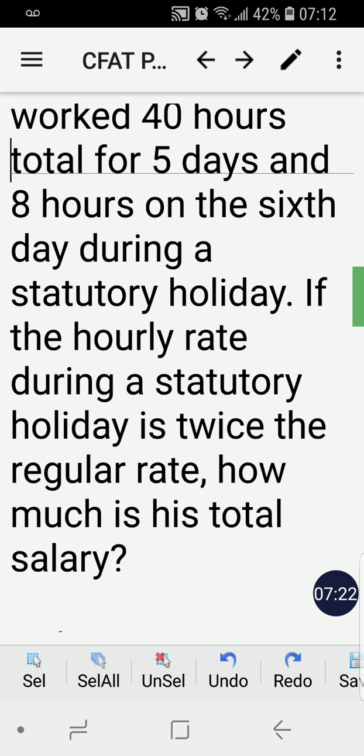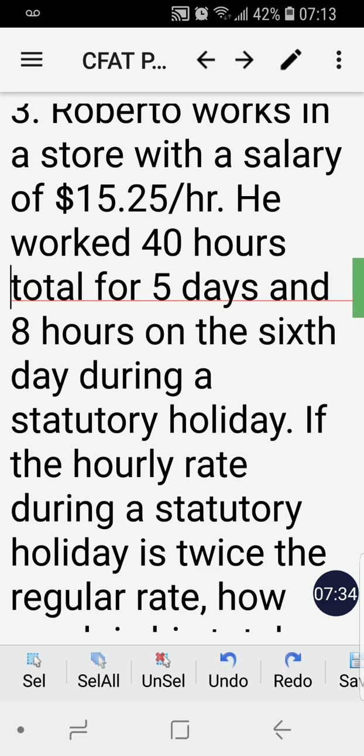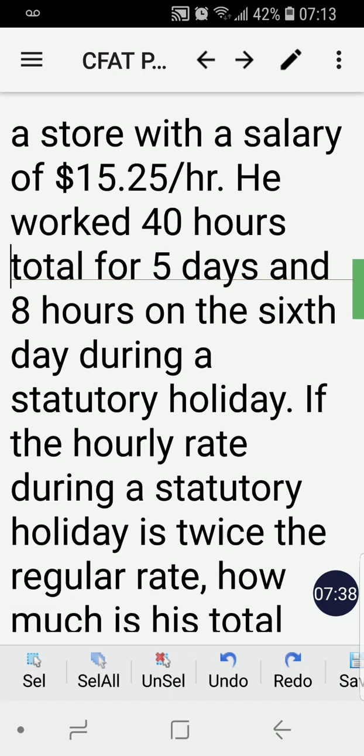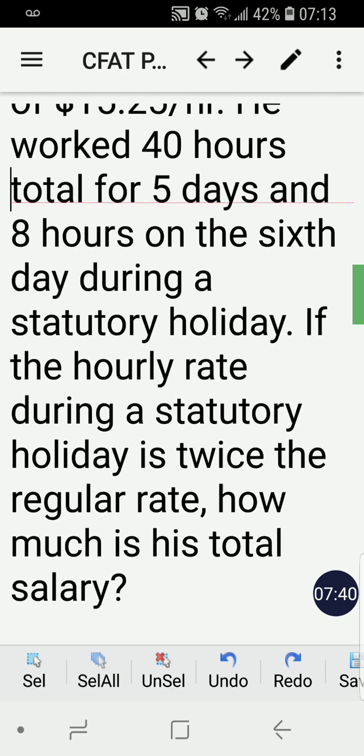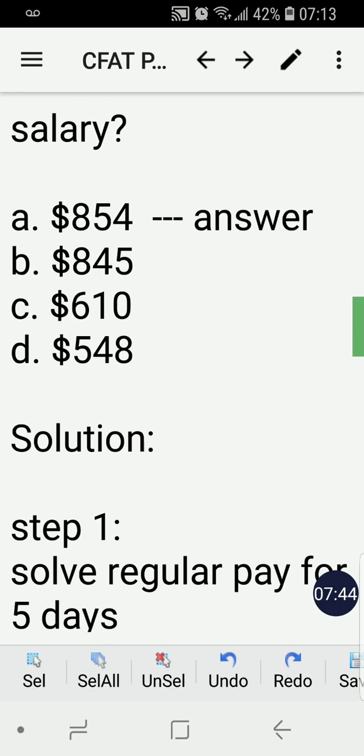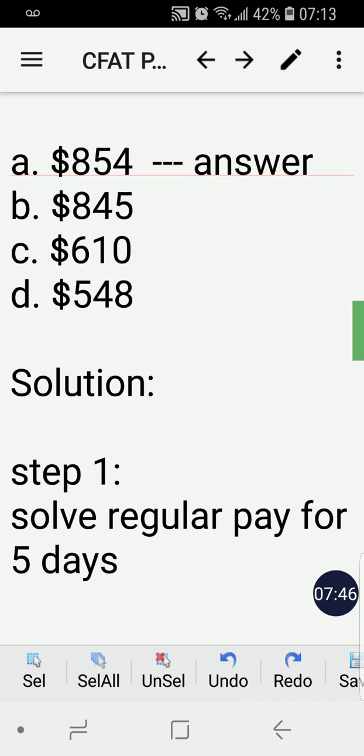If the hourly rate during a statutory holiday is twice the regular rate, how much is his total salary? Very interesting question because it involves salaries, income, wages. The choices are below and the correct answer is 854, letter A.